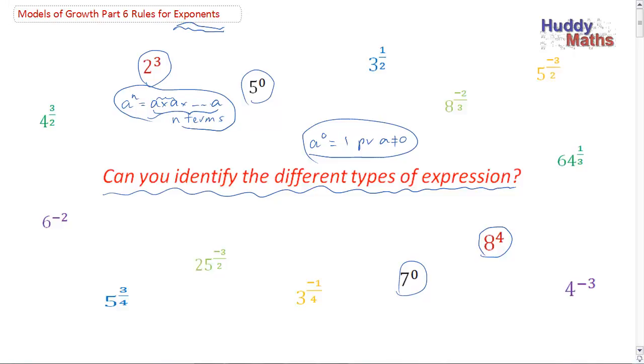What's the next most difficult one, do you reckon? What about the greenies? Or the purplies. Let's do the purplies first, this one. 6 to the neg 2 and 4 to the neg 3. What's that introducing?